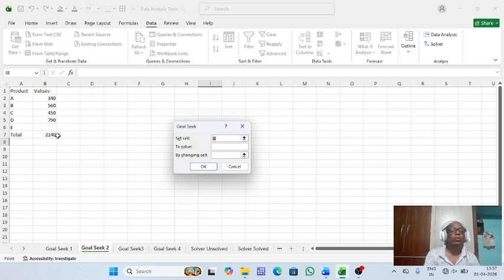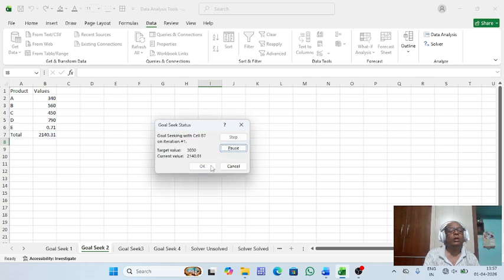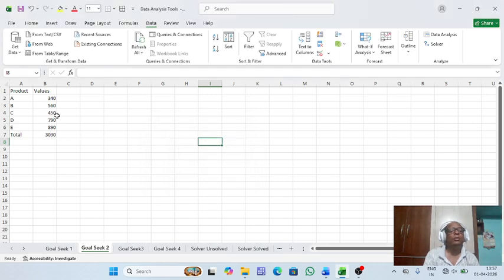Set this cell to the value of 3030 by changing this cell, cell E6, which is the value for E. Click OK and it gives the result of 890. So if you sell 890 worth of product E, you will have a total value of 3030.